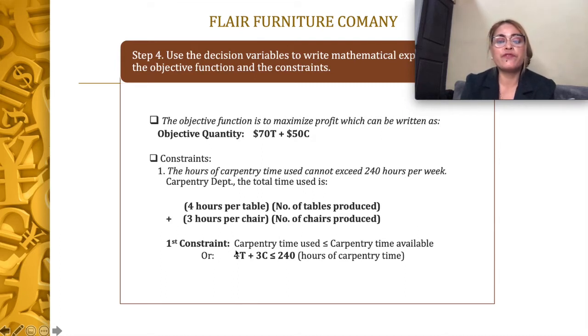In other words, the first constraint, carpentry time used must be less than or equal to carpentry time available, or the mathematical expression of the first constraint is 4T plus 3C is less than or equal to 240 hours of carpentry time.